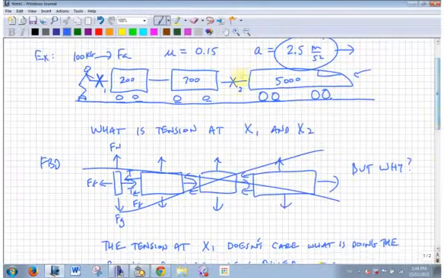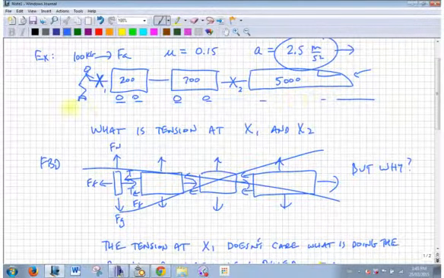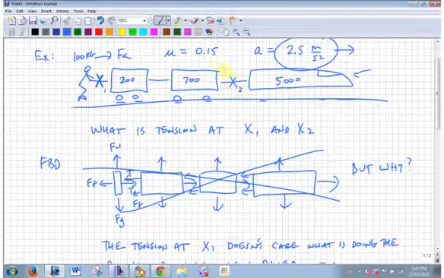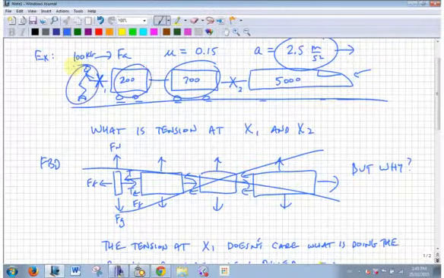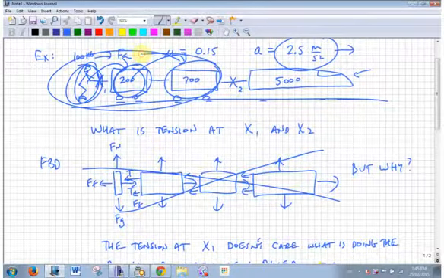How about X2? Do I really care that this is a 5,000 kilogram Japanese train with no wheels? No, I don't. All I care about is what's going on behind it, okay? But as far as we're concerned, it's this thing sitting on top of that, and it's the guy sitting on top of that. Just combine them into one mass, because the rope doesn't know any different.